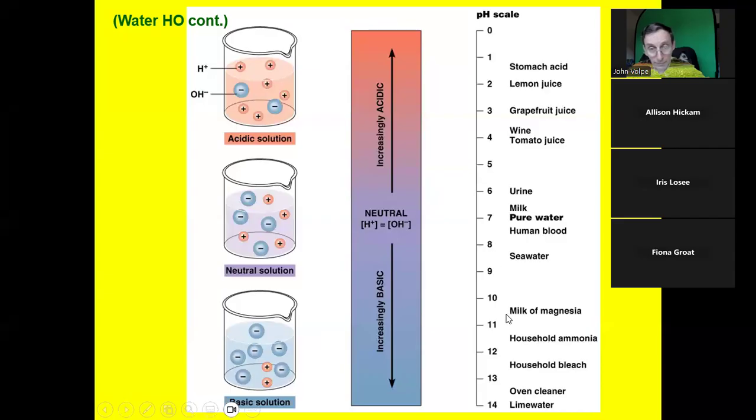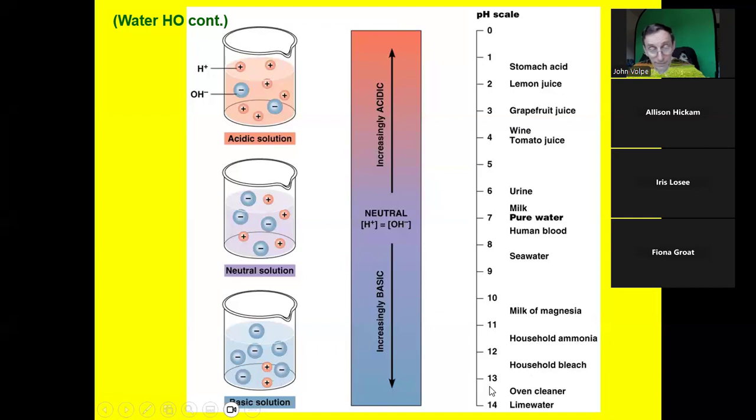Milk of magnesia is a little above pH 10, having even more OH- in solution than H+. Also, the ammonia having a pH above 11. Also, bleach having a pH above 12, having even more OH- groups than H+.